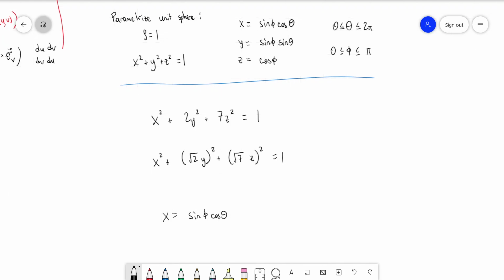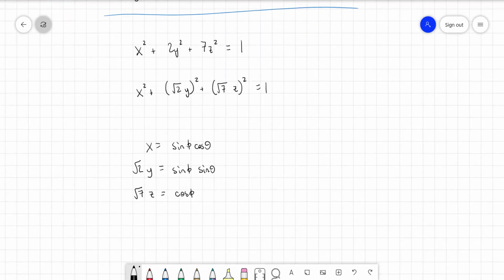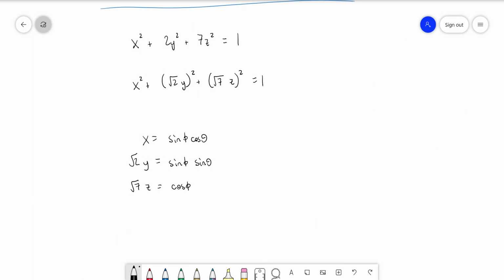But instead of y being equal to this, my y is really square root of 2y, so I'm going to do that equals sine phi sine theta. And then my z is really square root of 7z in this equation, so that equals cosine phi. Then I can just divide the square root of 2 and the square root of 7 to the other side, so that everything is in terms of the original x, y, and z.